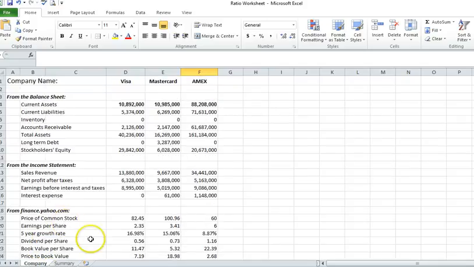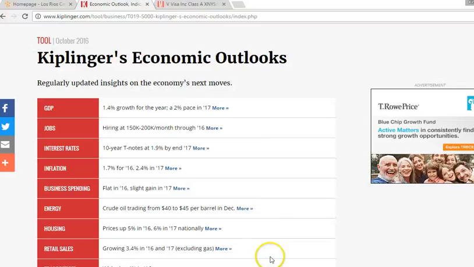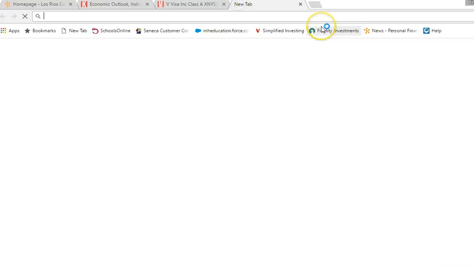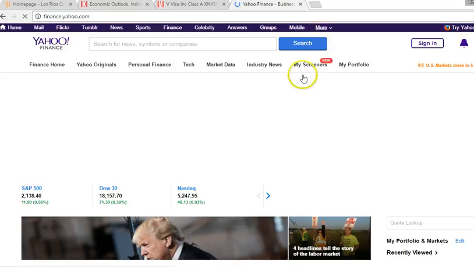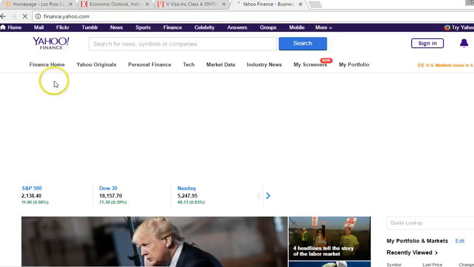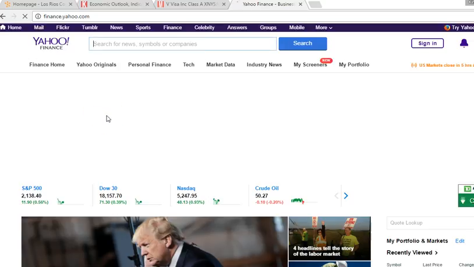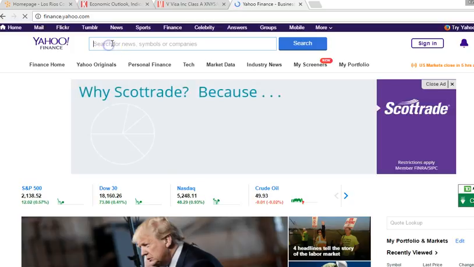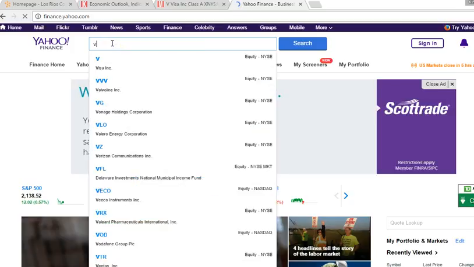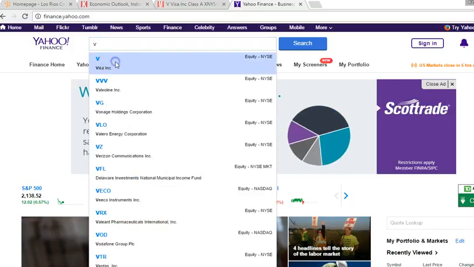So in collecting this information, I'm going to go here, I'm going to open up finance.yahoo.com, and I'm going to wait a second for this to load. I'm going to key in Visa.